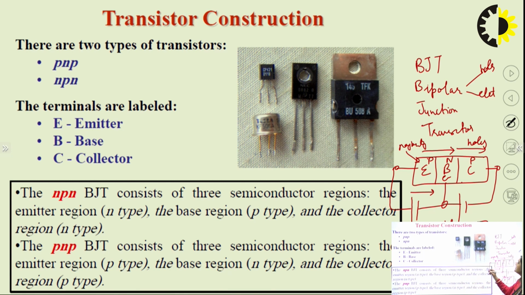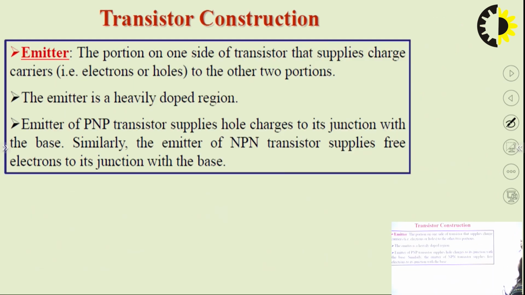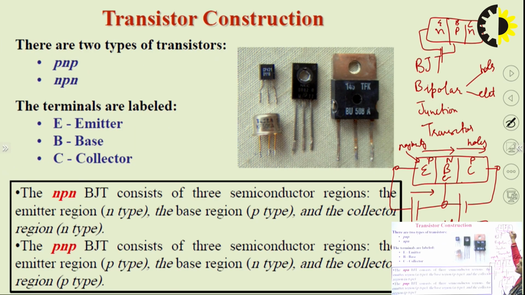If we take the example of NPN transistor, so here this is your NPN transistor, N, P and N. This is emitter, this is base and this is collector. This will be reverse bias. N will be connected with the negative supply and P will be connected with the positive supply, and here also this P will be connected with the negative supply and this will be the positive supply, because we have to keep the emitter base forward bias and base collector as reverse bias.